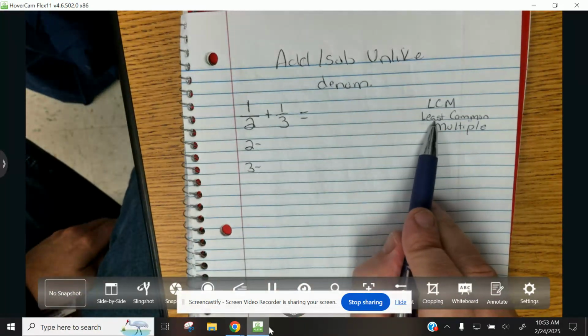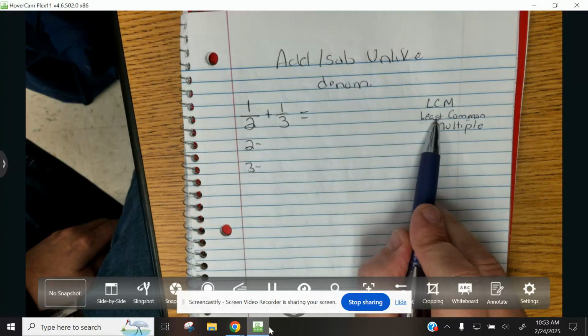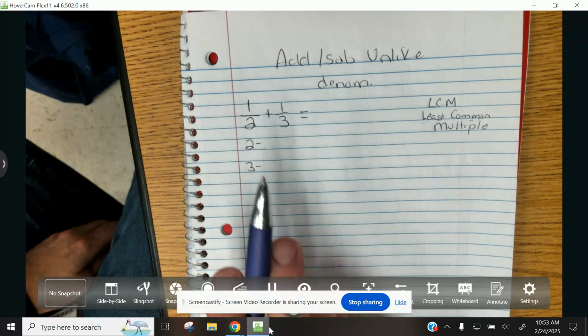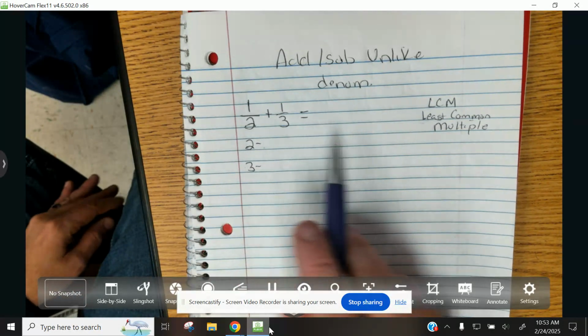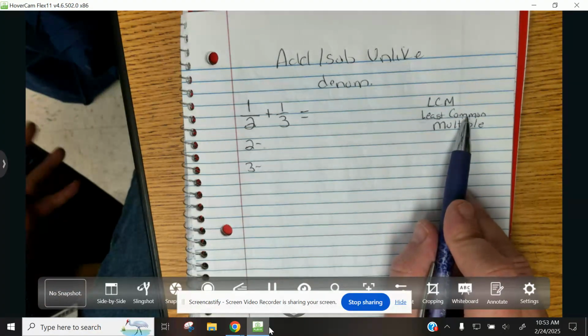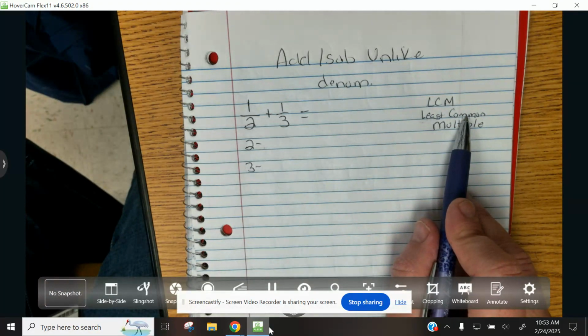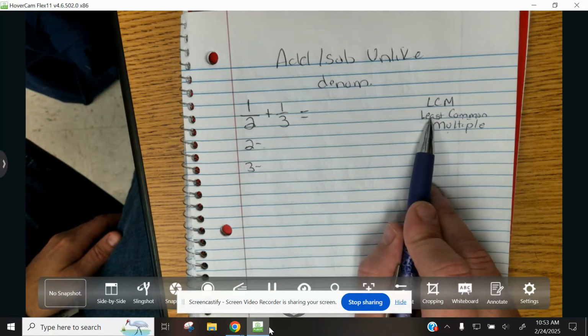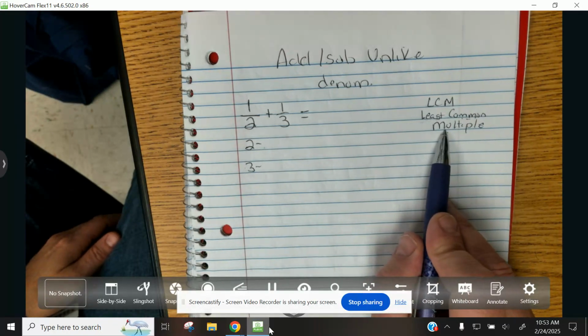The least means the first, the smallest number they have in common. Common just means something they share, that they both have. And multiple is when we count by that number. So it's the smallest number they share when we count by the number.